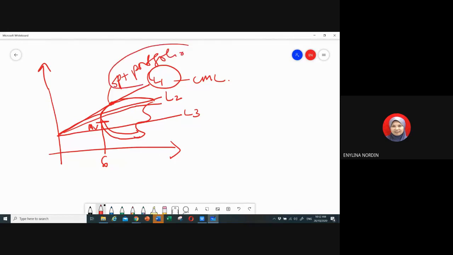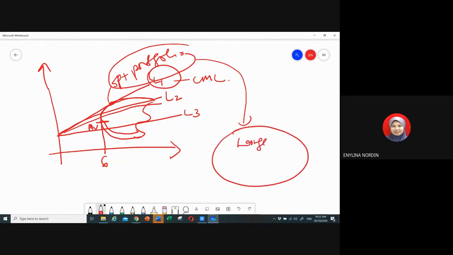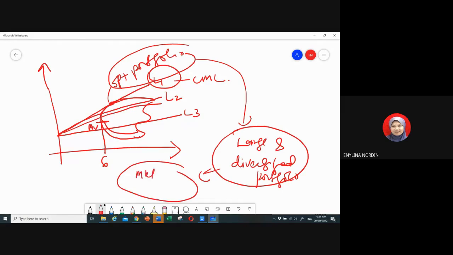That means this optimal portfolio will be considered a large and diversified portfolio. So this large and diversified portfolio tends to be the same as the market portfolio.